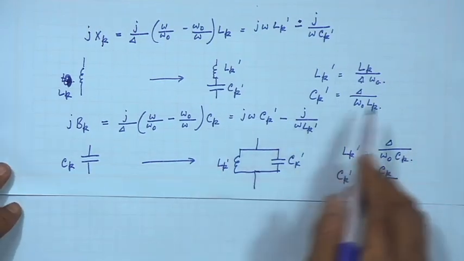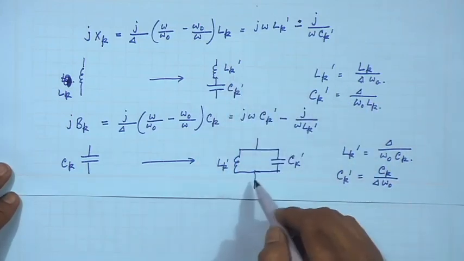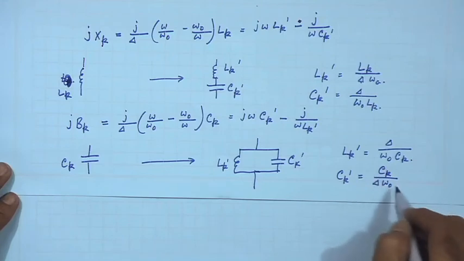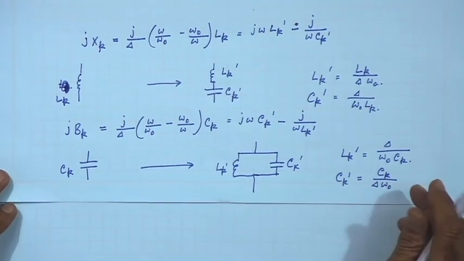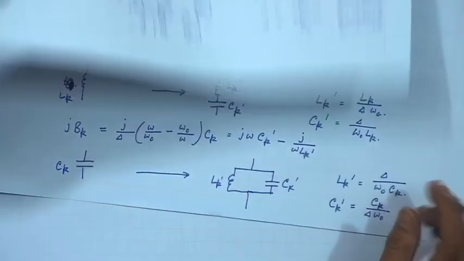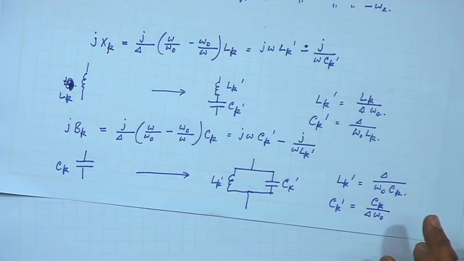Also, you can check that both this series resonance circuit and the anti or parallel resonance circuit have their resonance frequencies at omega naught. So, at omega naught the whole circuit resonates, that is why you get PLR as 0. So, this is the bandpass transformation.